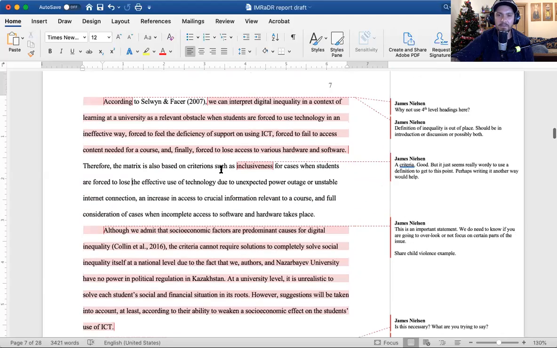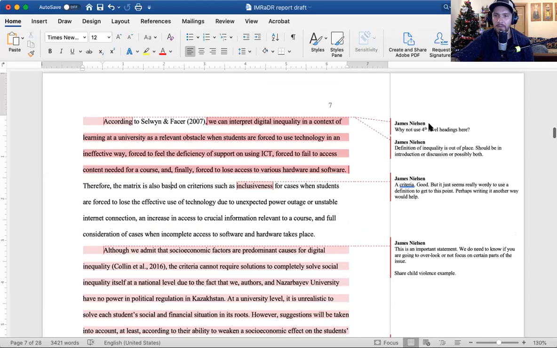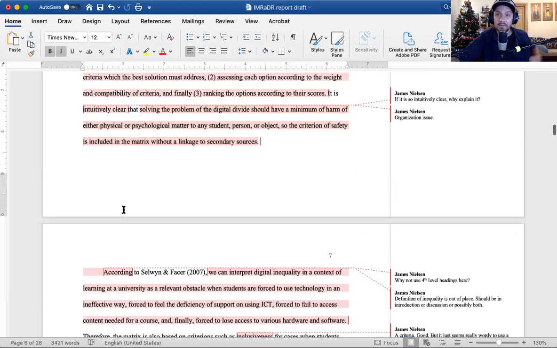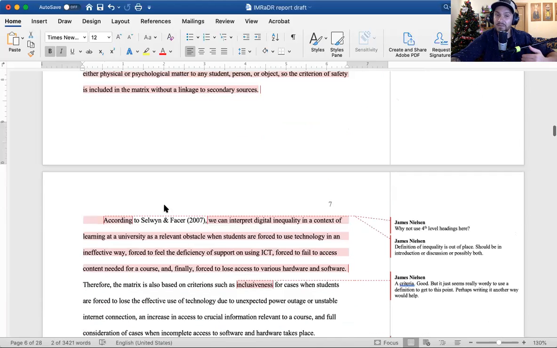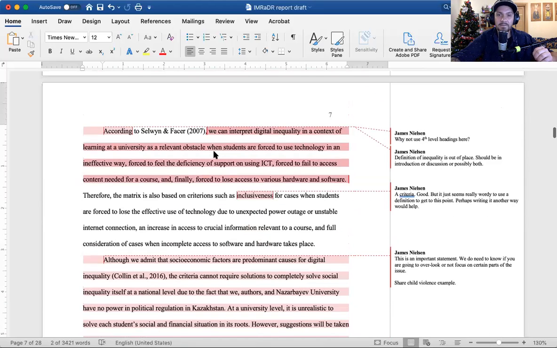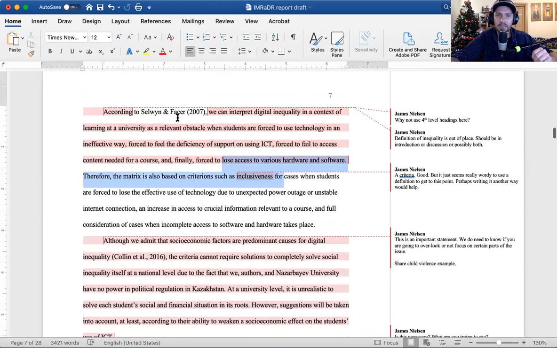And I just found a lot of confusing information here. Let's see. I think that they could have used fourth level headings. This is a third level heading. They could have used fourth level headings to break it up into even further sections if that would be helpful for them. This definition of inequality is out of place. And it's wordy here.